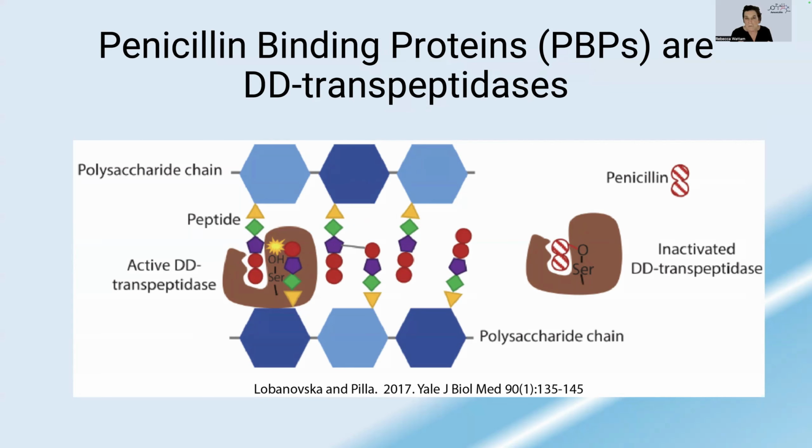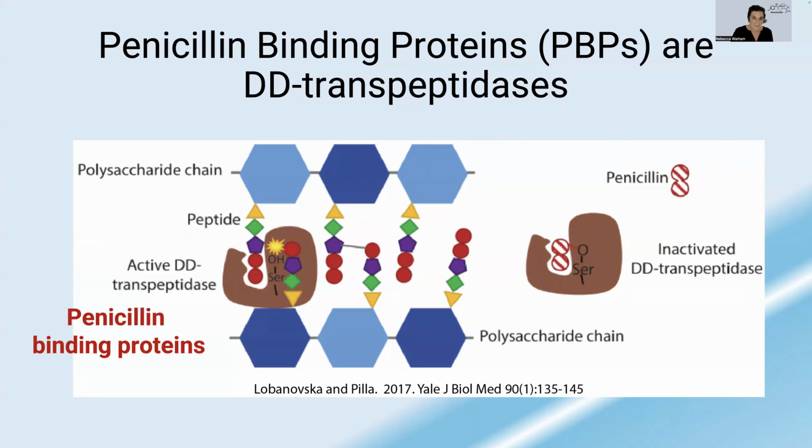Originally, they were called that archaically because of the action they have when penicillin is present and it's knocking out these specific proteins. But what they really are are transpeptidases, and they're helping build the outer membrane of the bacterium. So they're essential proteins. And if the bacterium is missing some of these, it will not be able to survive.